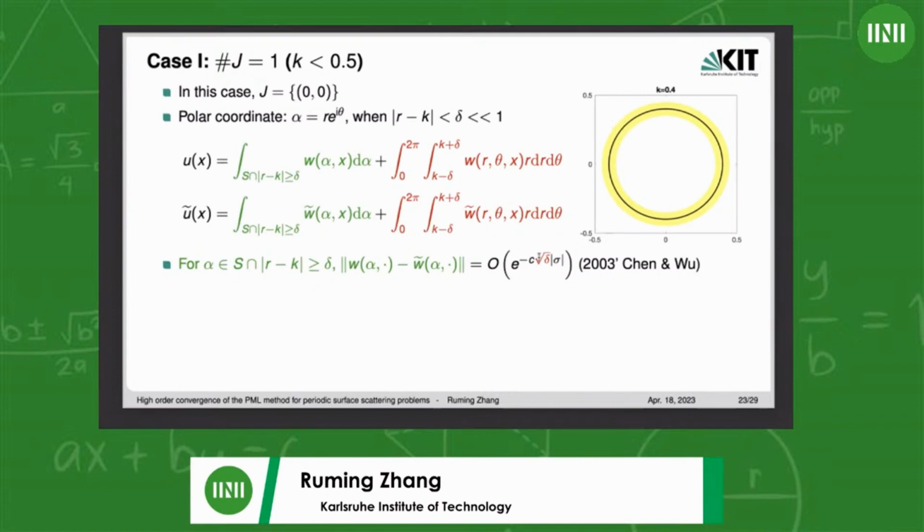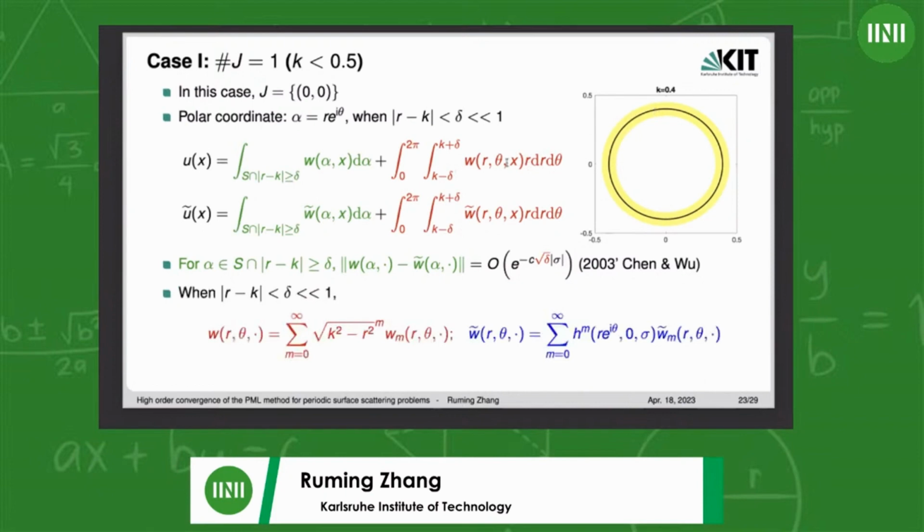We have to make that exact because we will use that later. So we already have the exponential convergence in the part outside the yellow annulus. Then we have to deal with the red part, which is within the yellow annulus.